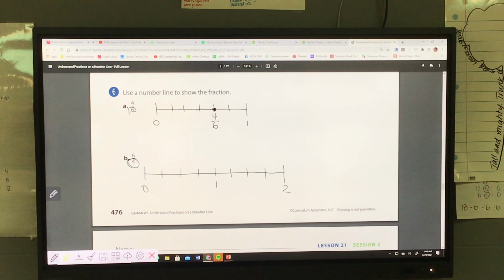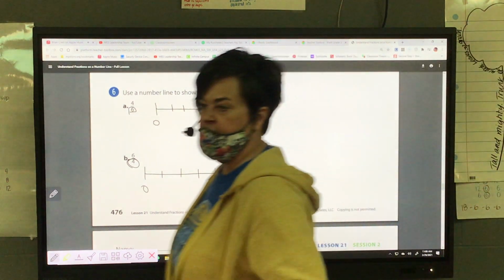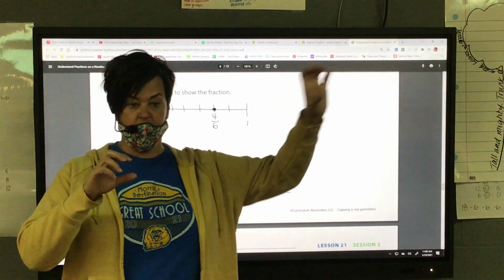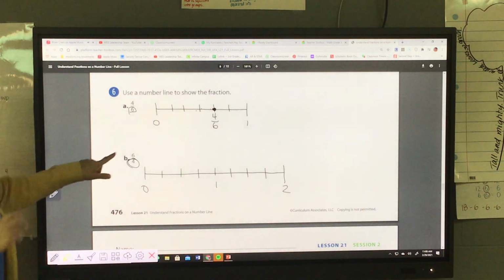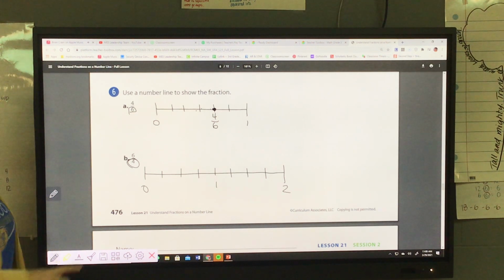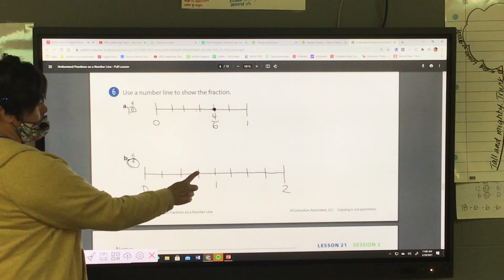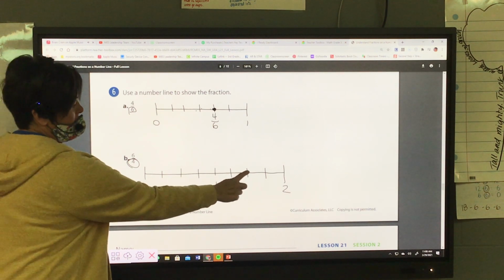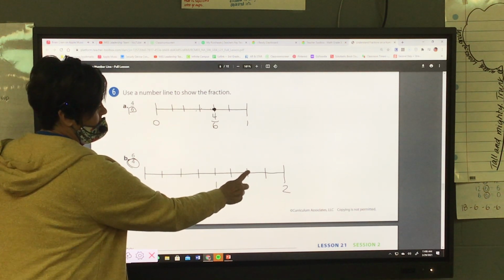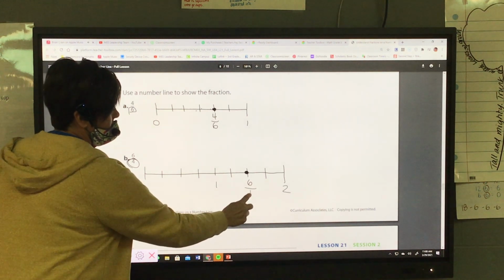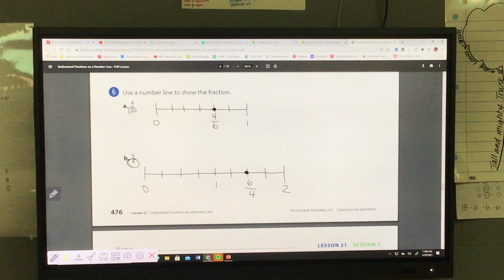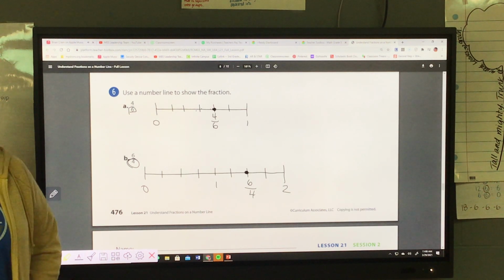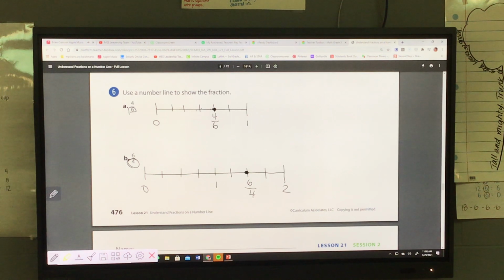You don't count that one first. Our numerator tells us how many we're counting across, how many parts we're counting, right? How many parts are we counting on this one? 6. Count with me. 1, 2, 3, 4, 5, 6. This one is 6/4, which is also the same as 1 3/4. Sorry. Yes, 1 3/4.